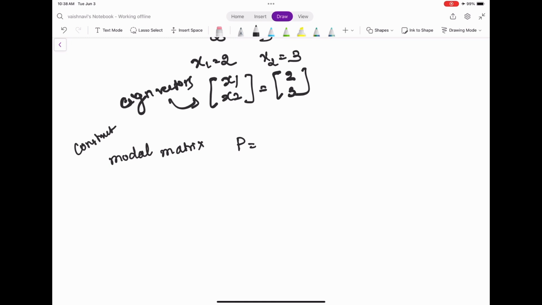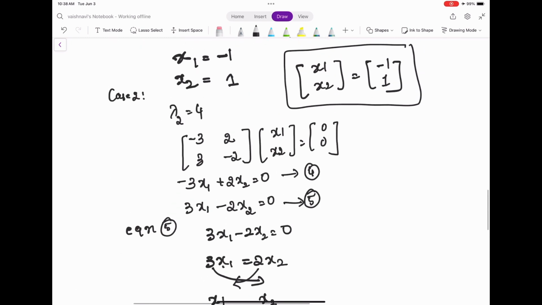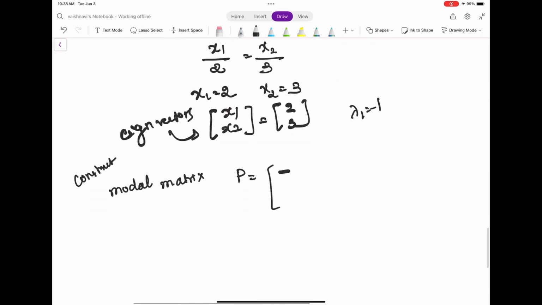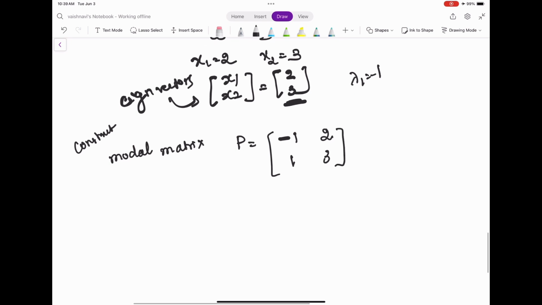These are nothing but the values of the two eigenvectors that we have already got. So lambda 1 is equal to minus 1 and lambda 2 is equal to 4. I'm going to write the values of the first eigenvector and the second eigenvector in this way. That is nothing but our modal matrix P.